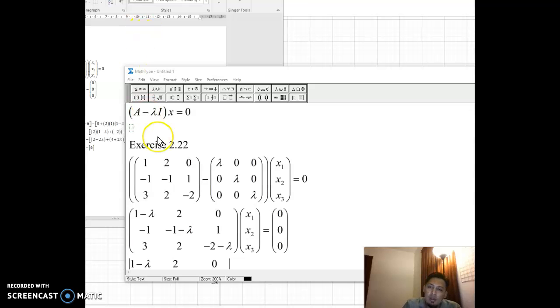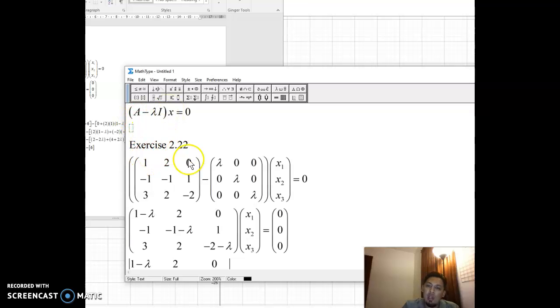They give us this matrix, and they want us to find the eigenvalue and eigenvectors. We already went through how we come to this formula. You can refer to the previous video. Now we're going to just use it.